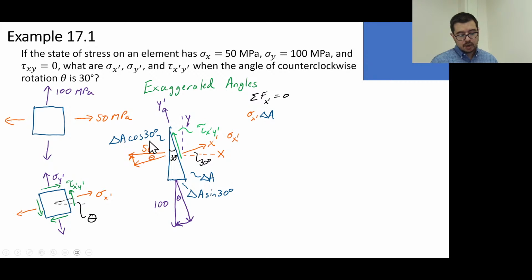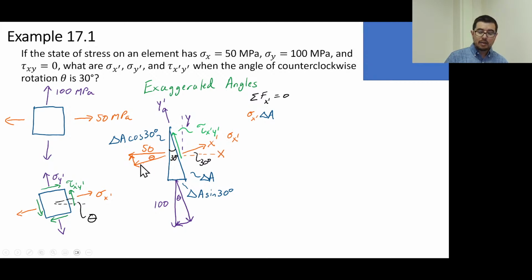Delta A cosine theta is the face that the sigma x is acting on. All right, but I only want the component that's perpendicular, the component that's in line with x prime, right? So you see that 50 megapascals is acting on this left face, and that face has area of delta A cosine 30 degrees, but the 50, sigma x, obviously is not aligned with sigma x prime.